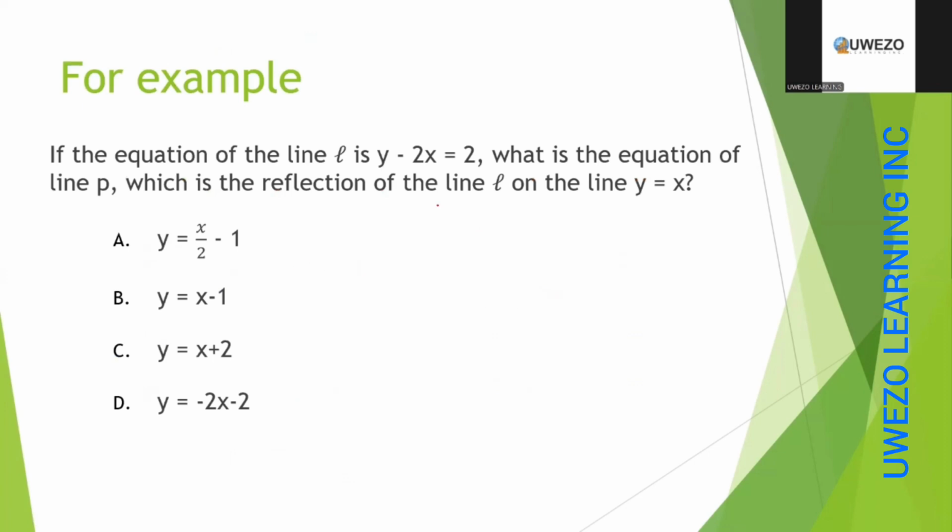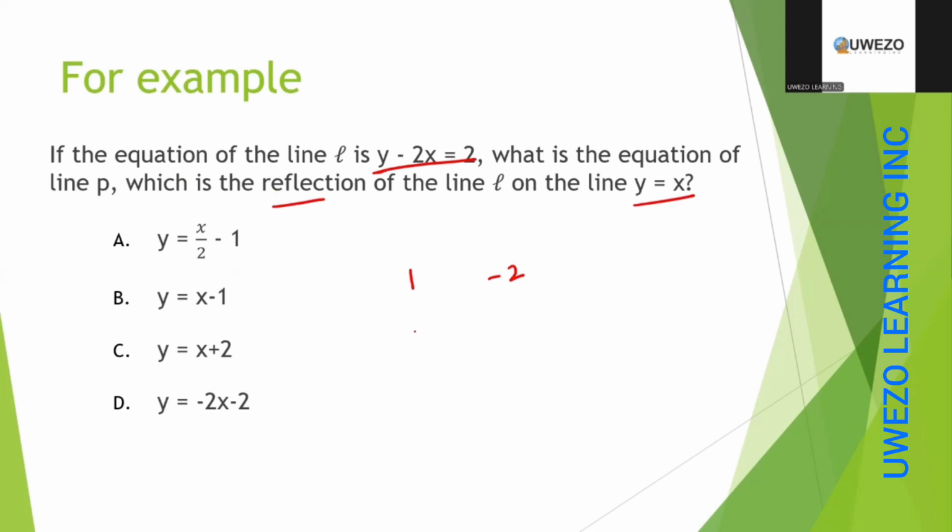For example, if there is a line y minus 2x equal to 2, and we need to reflect the line with respect to y equal to x, just like we have swapped the coordinates of points here, we need to swap the coefficients of x and y. If you look here, the coefficient of y is 1 and the coefficient of x is negative 2.